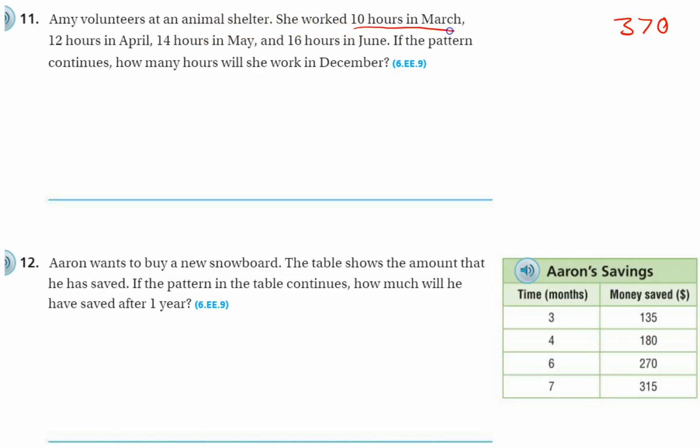She worked 10 hours in March, 12 hours in April, 14 hours in May, 16 hours in June. If the pattern continues, how many hours will she work in December?